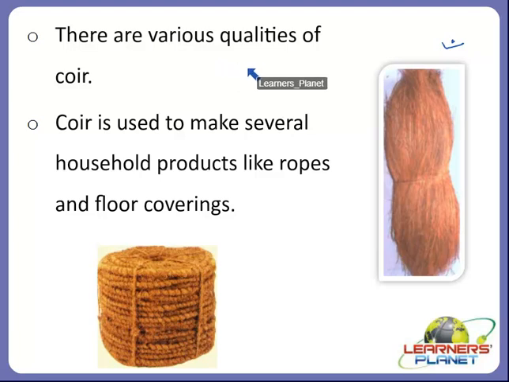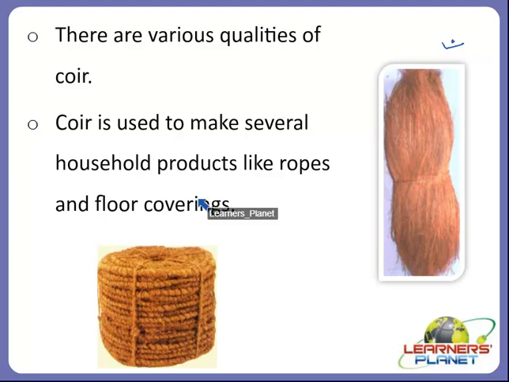So there are various qualities of coir. And that is why coir is used to make several household products like ropes and floor coverings. Even some varieties are used as stuffing in mattresses and pillows.